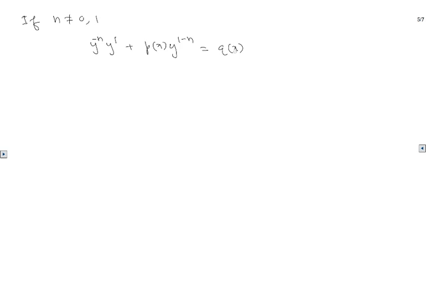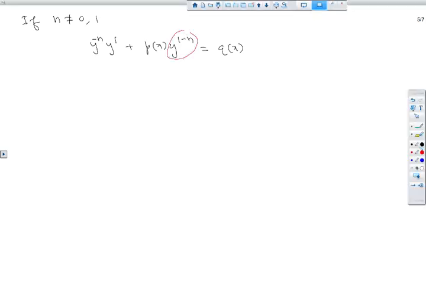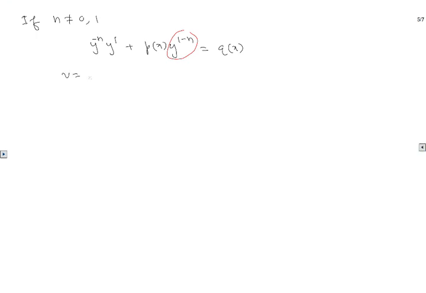Now we're going to make a nice substitution. We're going to substitute for this term, whatever term appears here. So we substitute v equal y to the 1 minus n, and then take the derivative. By the chain rule, v prime equal 1 minus n times y to the minus n, y prime.